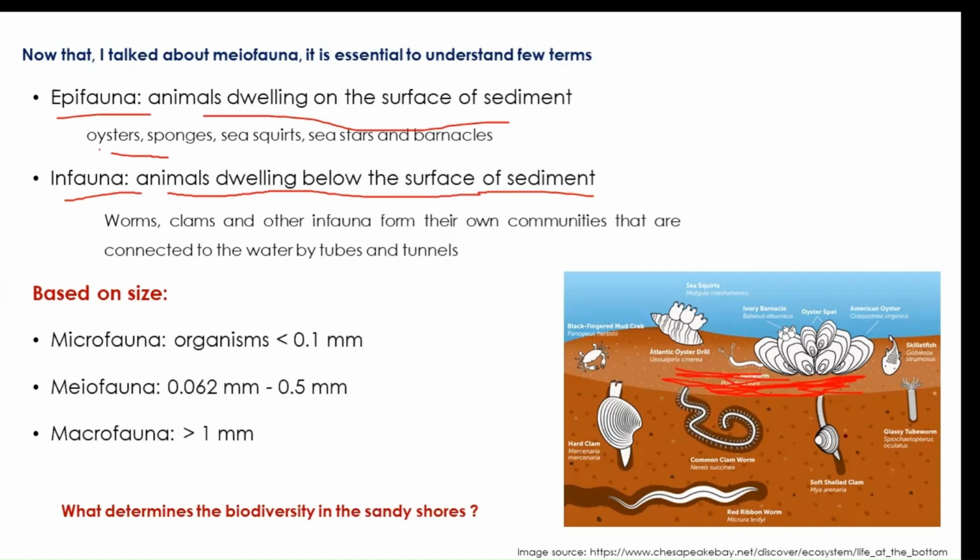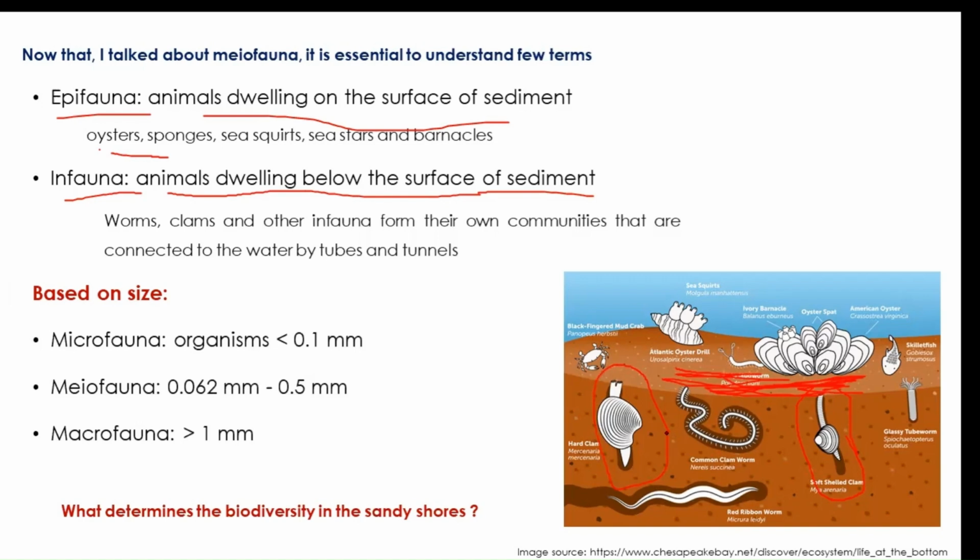Whereas some you can see are inside the sediment, and that is called infauna. Some examples of infauna can be any worm, clams. You can see the clams here, right? So all these are infauna. Now I hope that you are clear with what epifauna is and what infauna is.